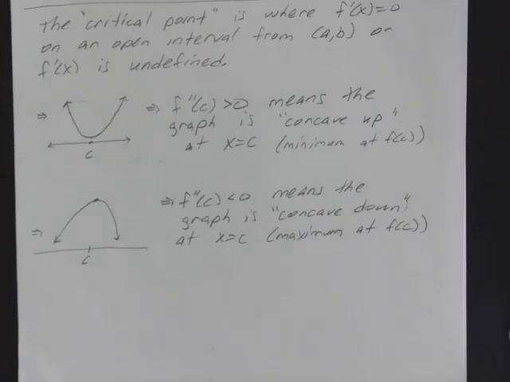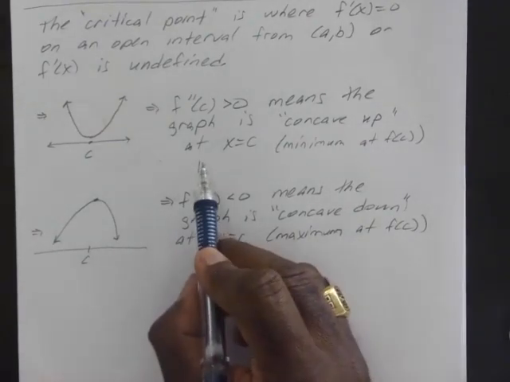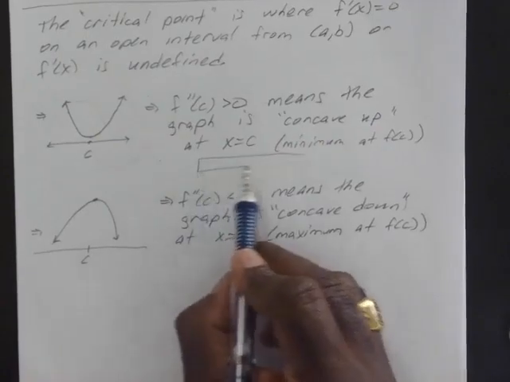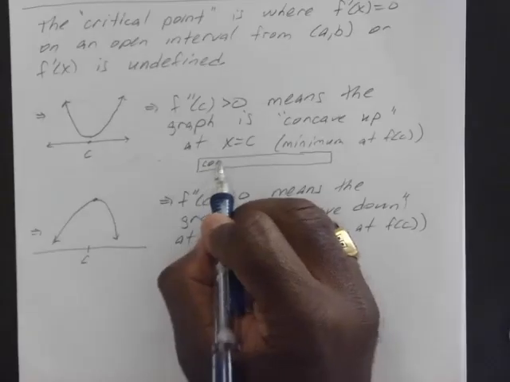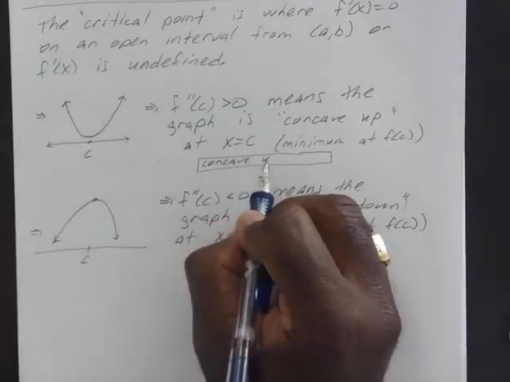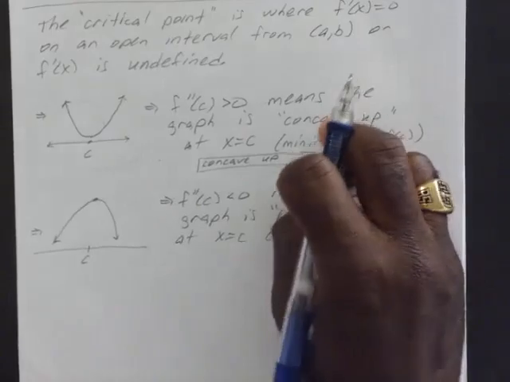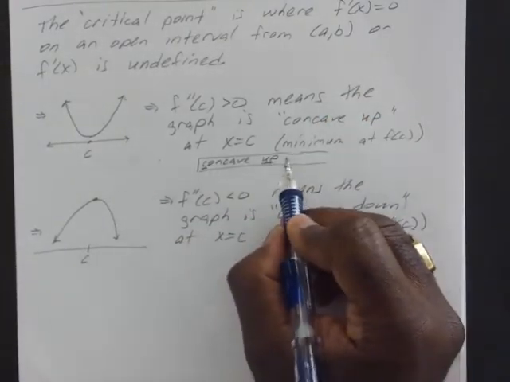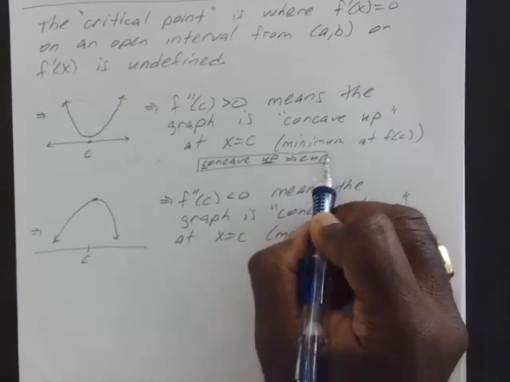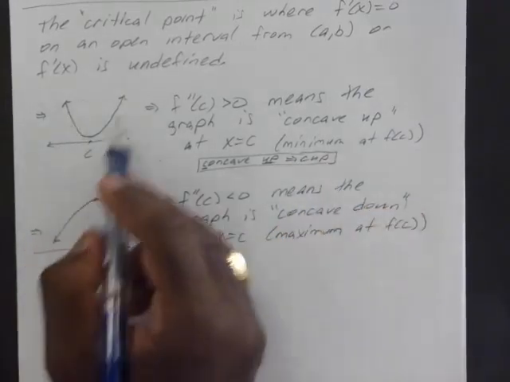Now, the one way I used to always remember this, because we weren't allowed to use notes or anything on the test, is with concave up. Make that a little bit longer. If you see the C-U-P, I just thought of cup. And it kind of looks like a cup.